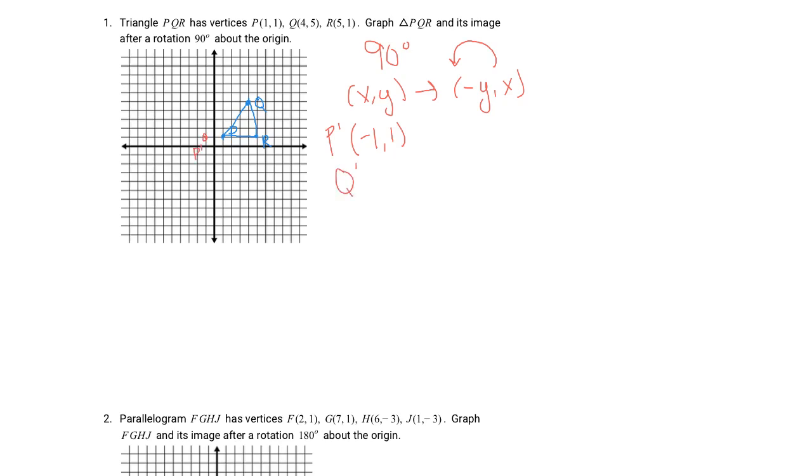Q prime. Y is 5, so negative y is negative 5. X is 4, and that's now the y value. So Q prime is negative 5, 4. And then R prime started at 5, 1. It's going to go to negative 1, 5.